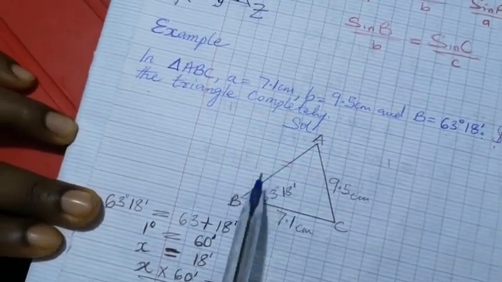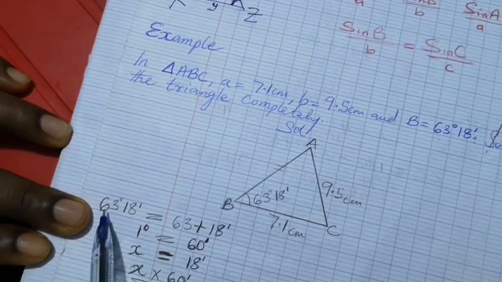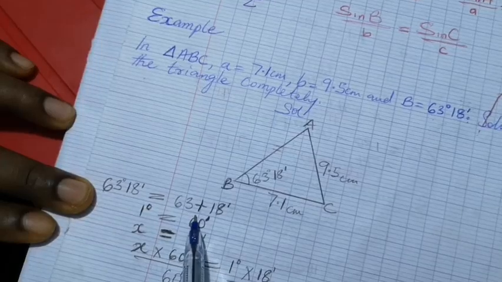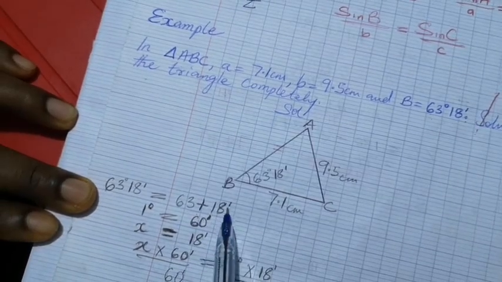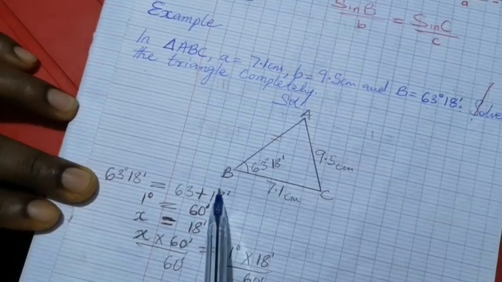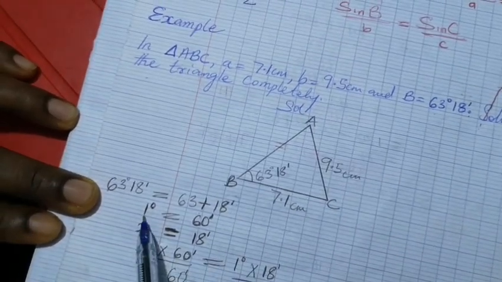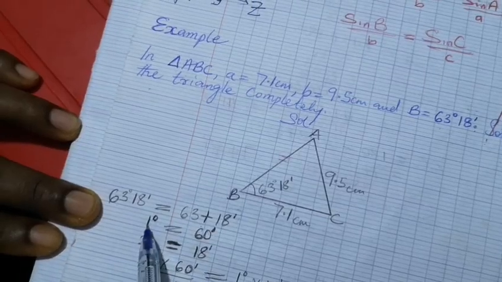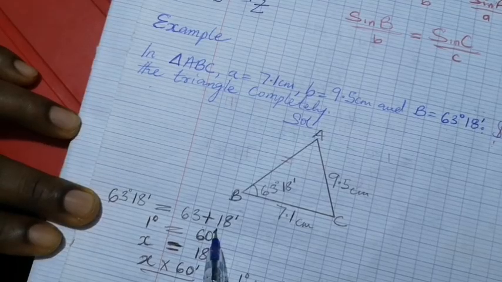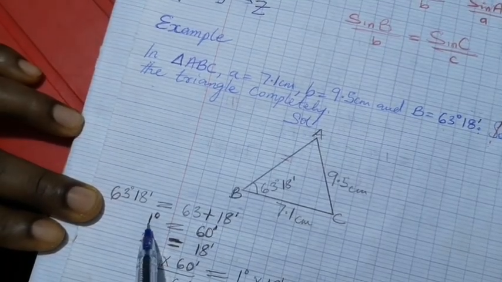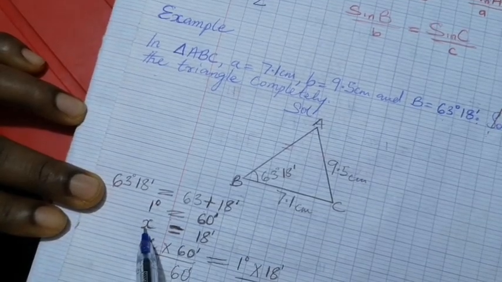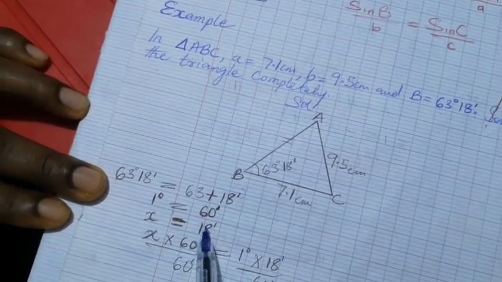Now look at the conversion factor. 63 degrees 18 radians means 63 plus 18 radians. Now we have to convert this radian into degrees. The conversion factor is that 1 degree is equal to 60 radian. Since 1 degree is equivalent to 60 radian, what degree will give us 18 radian?